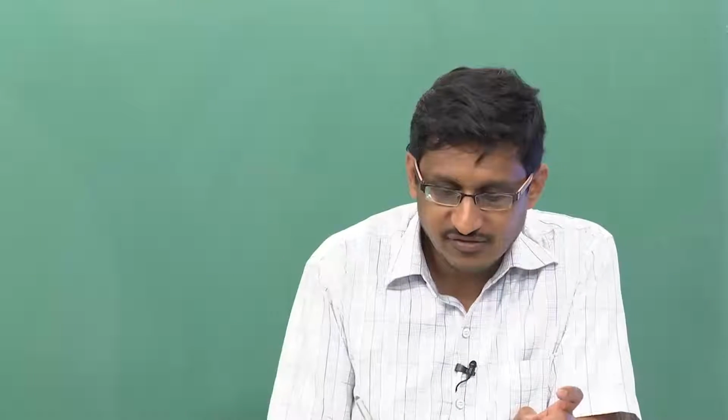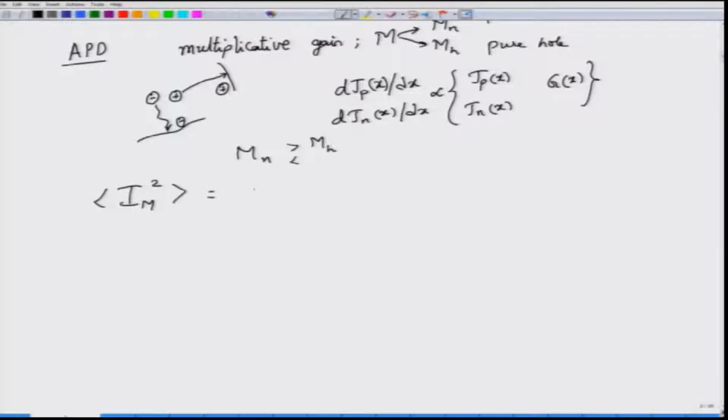The variance of this fluctuation is given by 2q IP0, where IP0 is the primary photocurrent that is generated, times M square and F. M square is the multiplicative gain parameter squared, and F is what is called the excess noise factor.